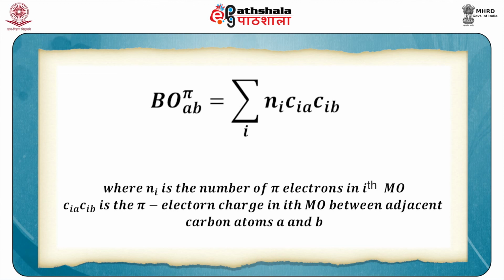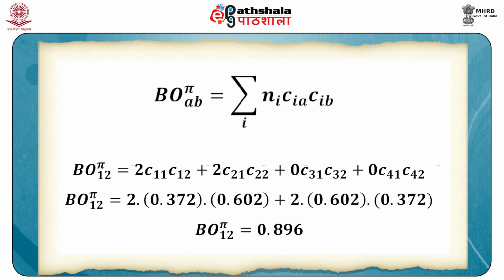In the case of butadiene, if we calculate the pi bond order between carbon atoms 1 and 2, using the above expression, we will find that this value comes out to be 0.896.